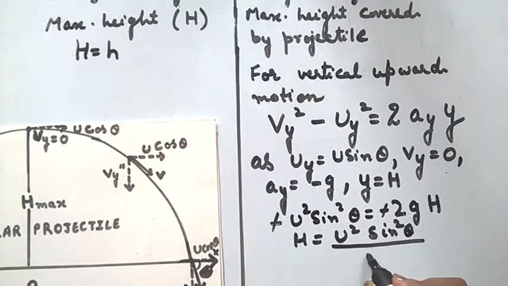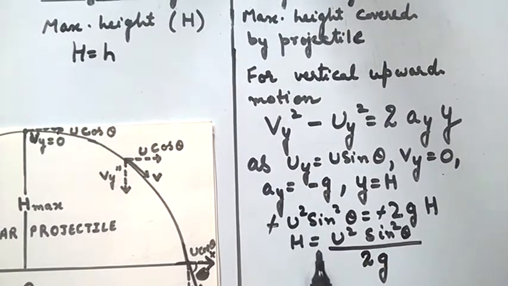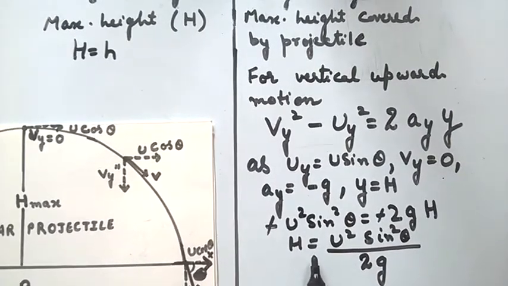Here by this equation we can see that height h depends on initial velocity as well as on the angle of projection.